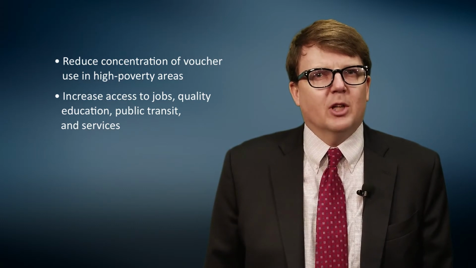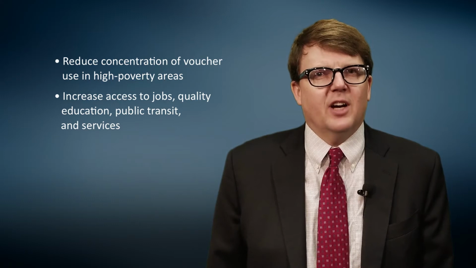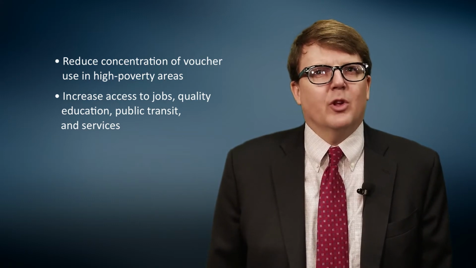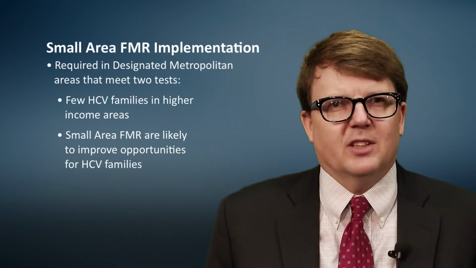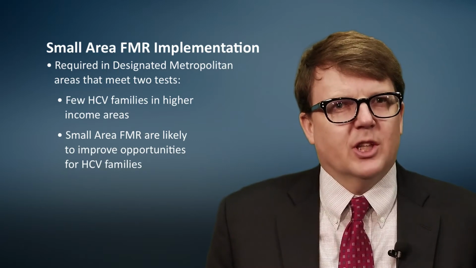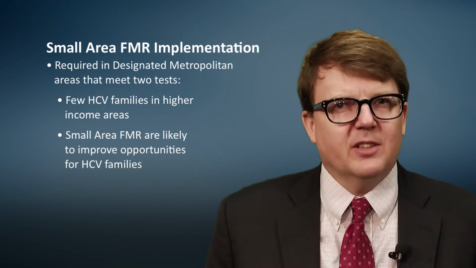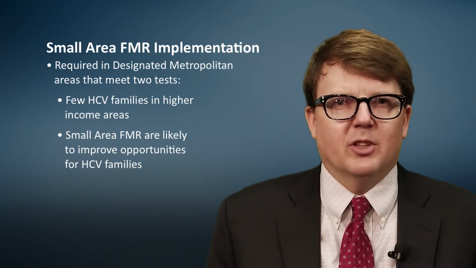Small area FMRs replace the previous policy that increased FMRs from the 40th percentile to the 50th percentile rent for the whole metropolitan area. HUD's research found the 50th percentile policy to largely be ineffective at deconcentrating vouchers. Small area FMRs are intended to provide a more effective means for HCV families to afford the higher rents in lower poverty areas.